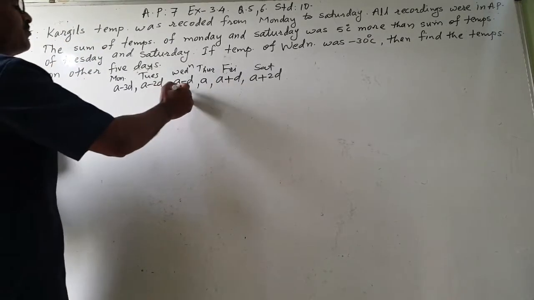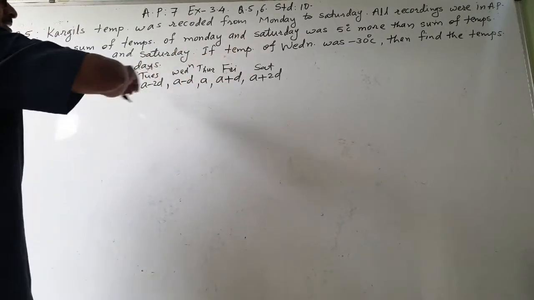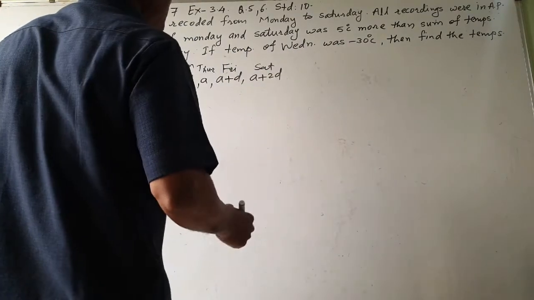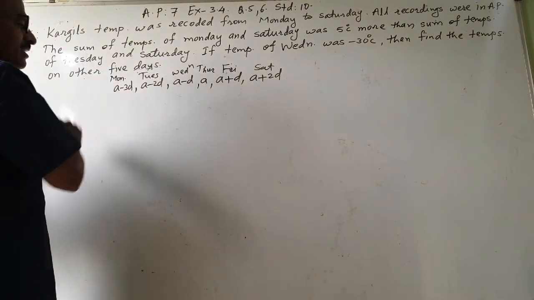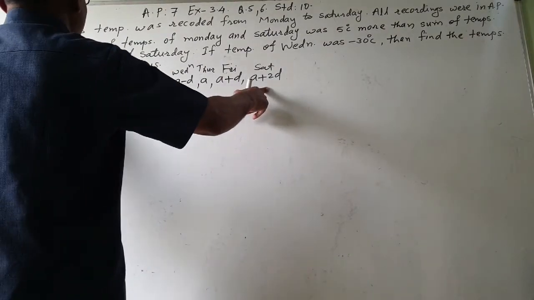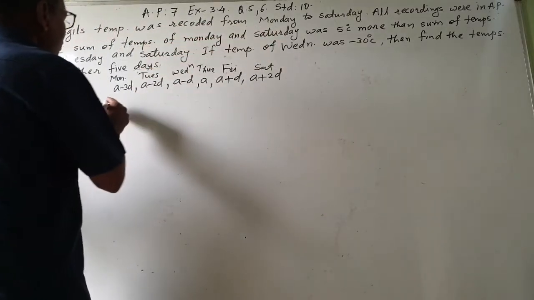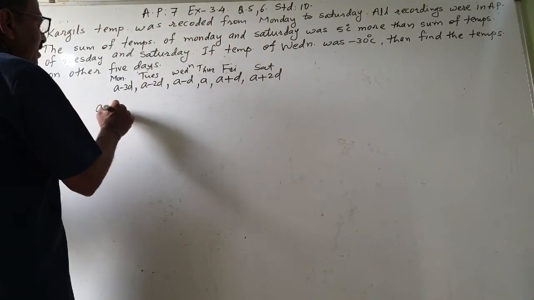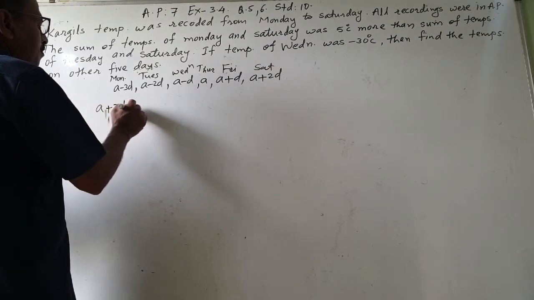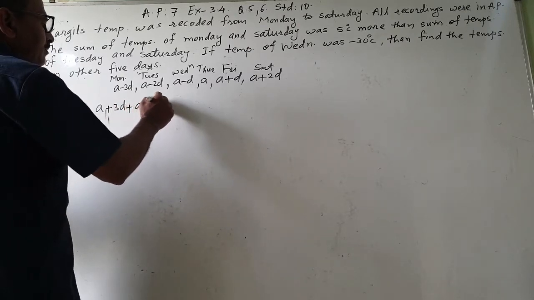Out of that, this Wednesday, meaning A minus D, is given, and the temperature of Wednesday was minus 30 degrees. That is given. Now the sum of Monday and Saturday. Sum of the temperature of Monday, A minus 3D, plus Saturday, A plus 2D.